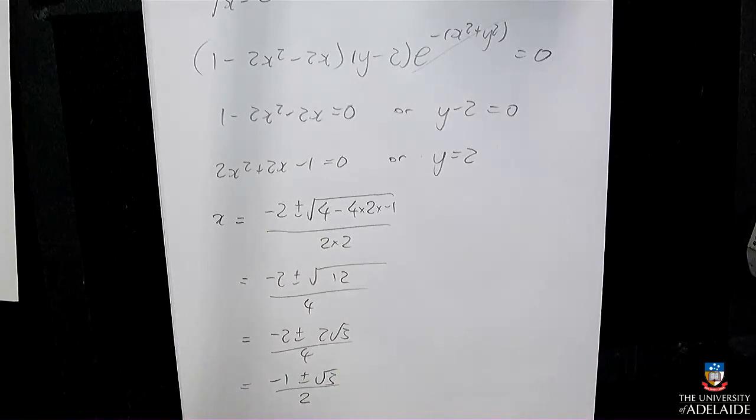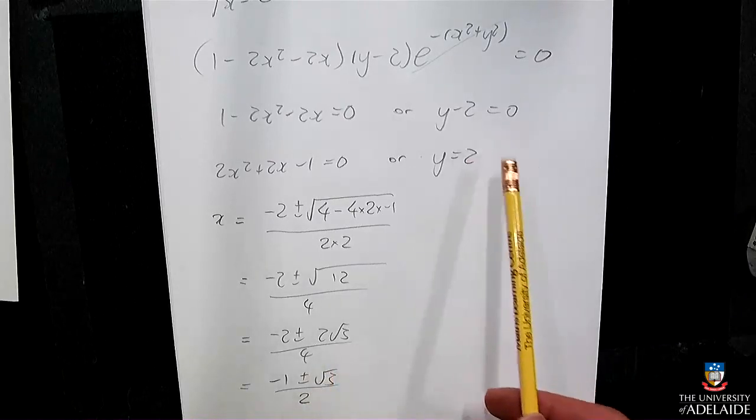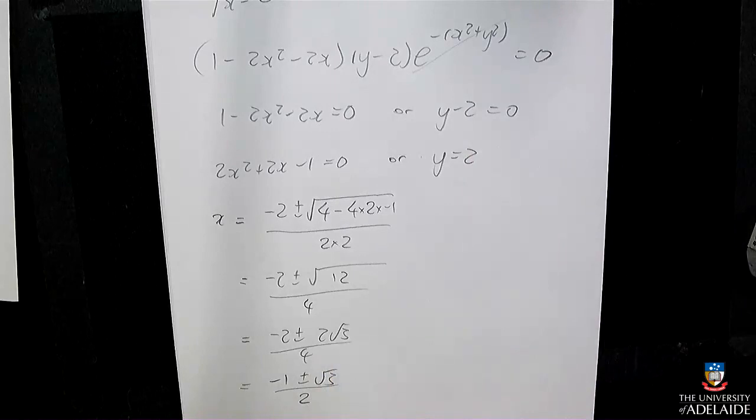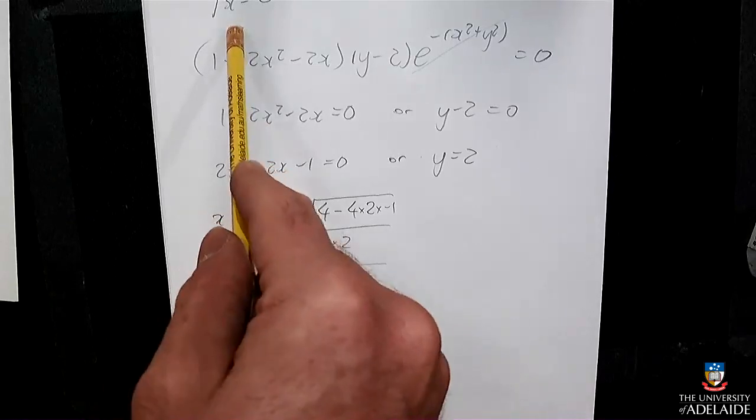Interestingly though, a half and root 3 on 2 are a sine and cos of pi on 6 or pi on 3, depending on which one is the correct one. Okay, so I have three possibilities. x is one of these two numbers and y is one of these two numbers. This is telling me that if x is one of these two numbers, then regardless of what y is, f sub x comes out to be 0.